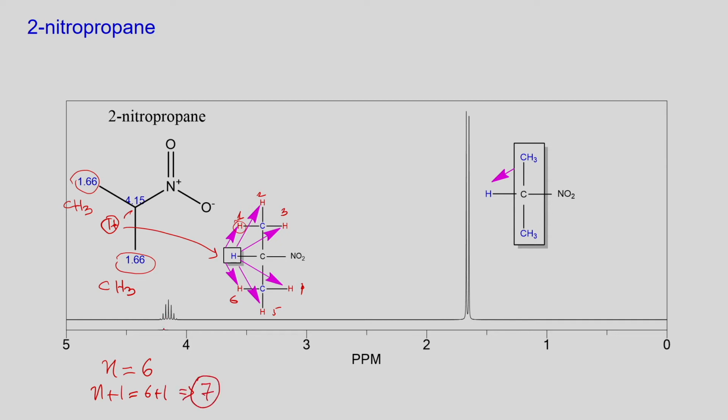We call this splitting in 7. So you see there are 7 peaks: 1, 2, 3, 4, 5, 6, 7. This type of intensity will try to grow up when you have a higher magnetic field. So there is a 7, because all the 6 protons of the two CH3 groups behave identically.